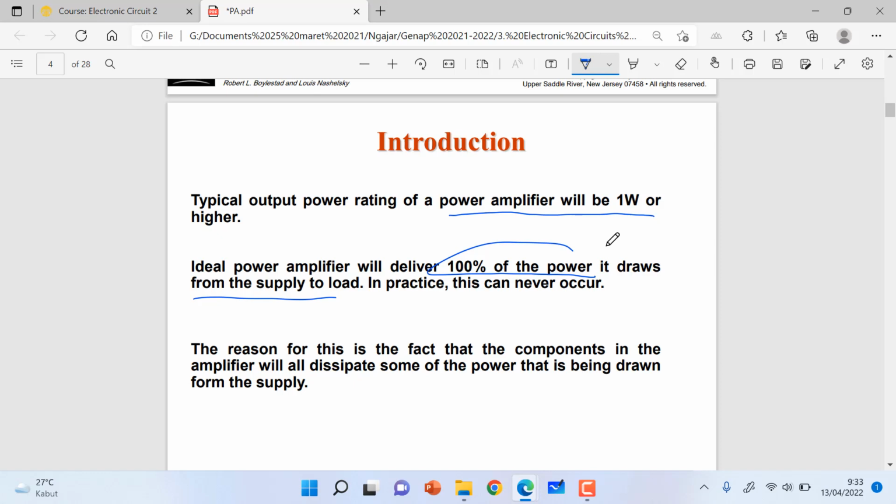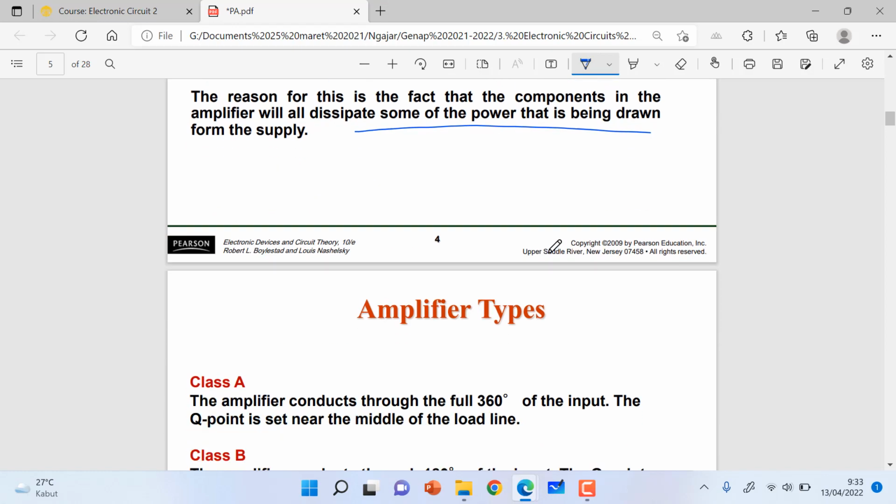Why can 100% efficiency of a power amplifier never occur? Because the amplifier will dissipate some power as heat in the components, drawn from the supply. I will explain later why the power amplifier cannot deliver 100% of the power.